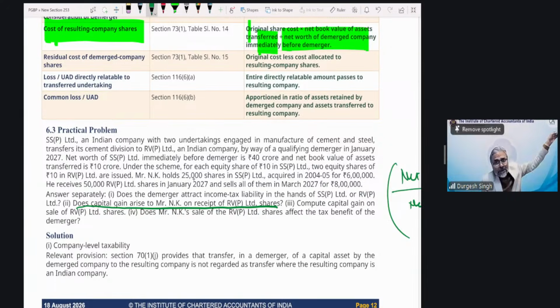In amalgamation also, if you recall, students, what happens if it is a qualifying amalgamation? Then the shareholder of the amalgamating company who receives the shares of the amalgamated company, we say that that exchange of the shares is not a taxable transfer. Fine, not a taxable transfer, no capital gains. But the fact remains you receive something for free.